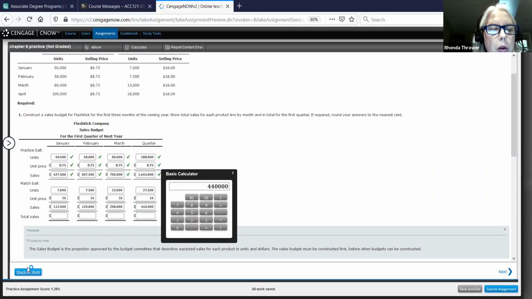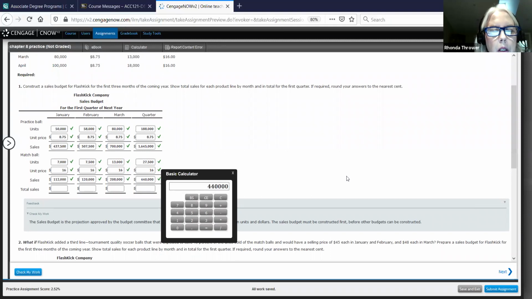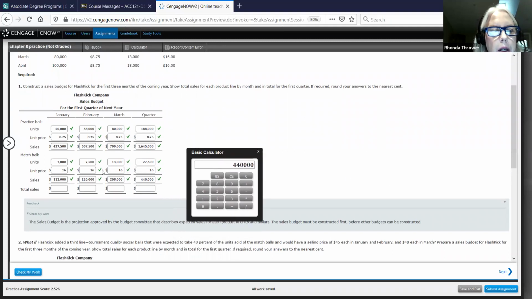And then I would check my work again just to make sure your math is correct. And then for the very last thing, we're going to combine the total sales dollar amount for the practice balls and the match balls, the total sales dollars together.